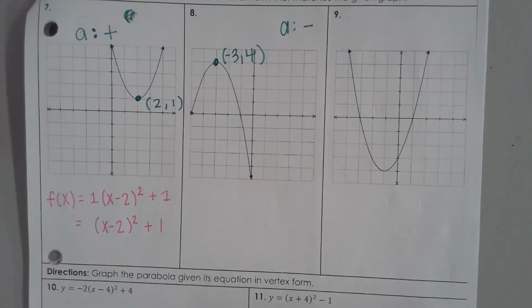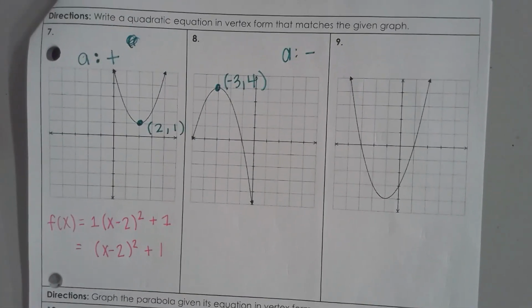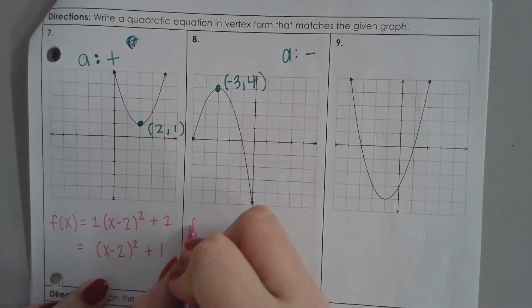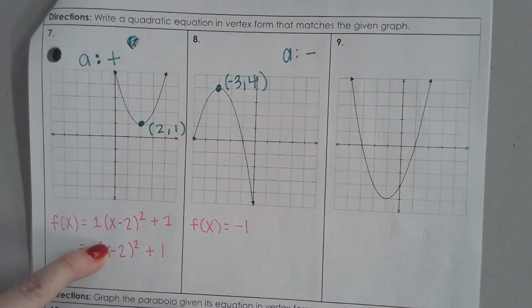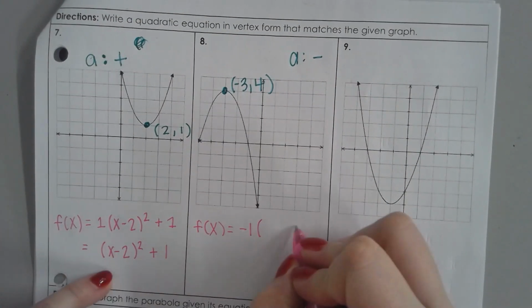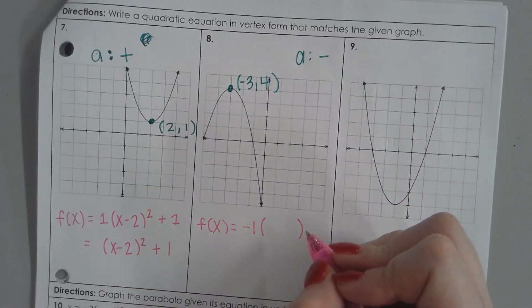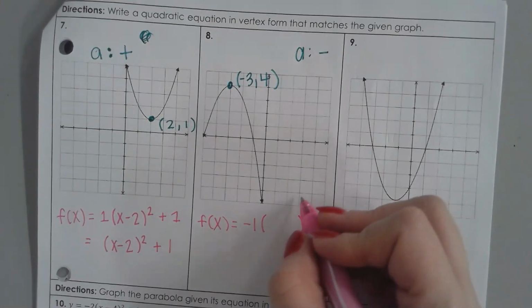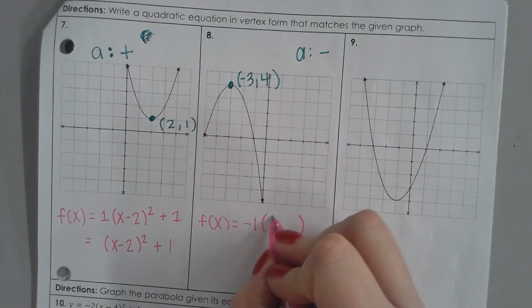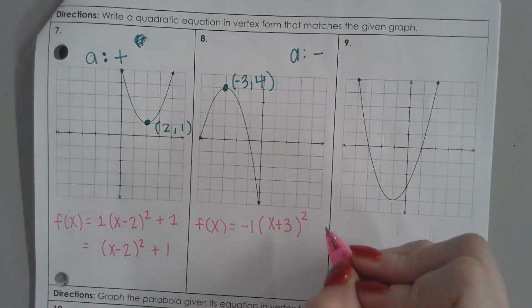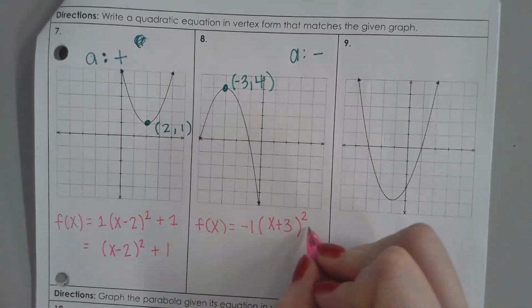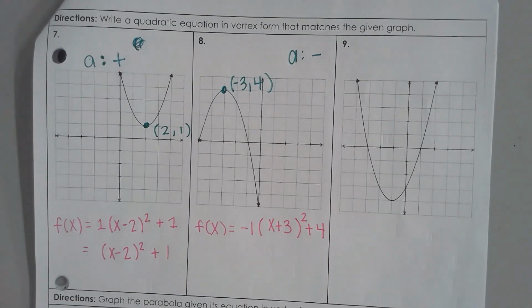And so then my equation, f of x equals, I have a -1 in the front. What's going to go in parentheses, Callie? X plus 3 squared. And then what goes after that, JC? Plus 4. Perfect. I want you to do number 9.